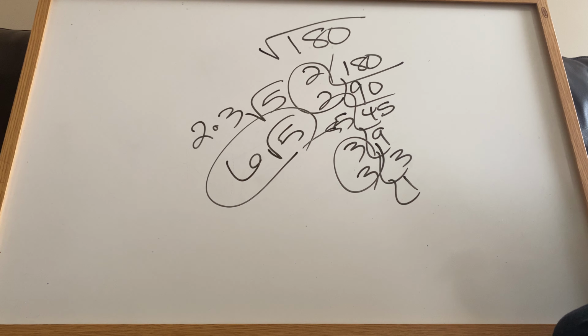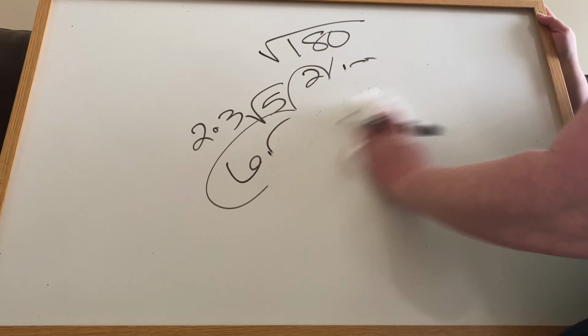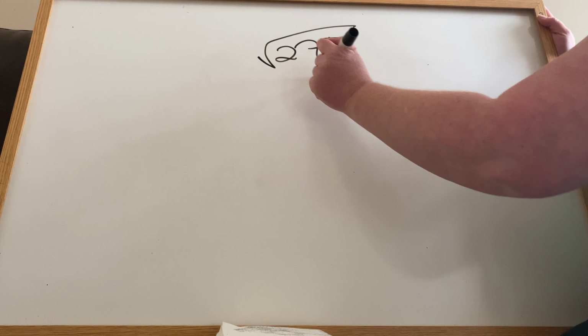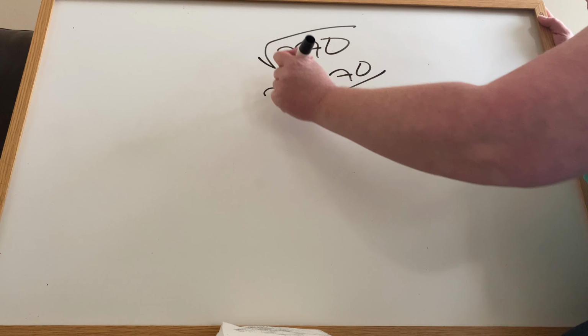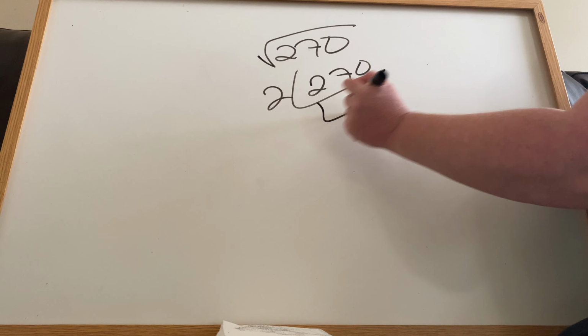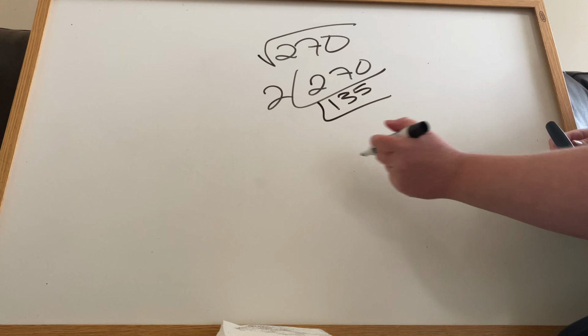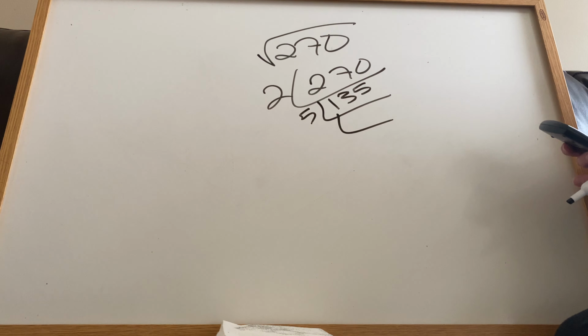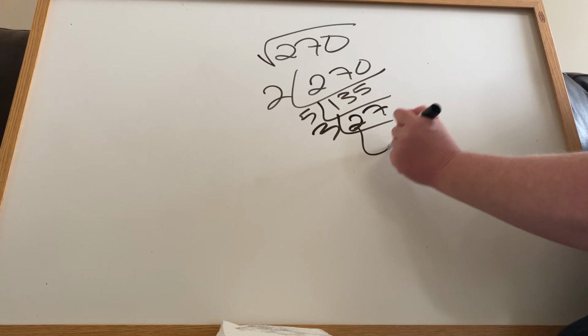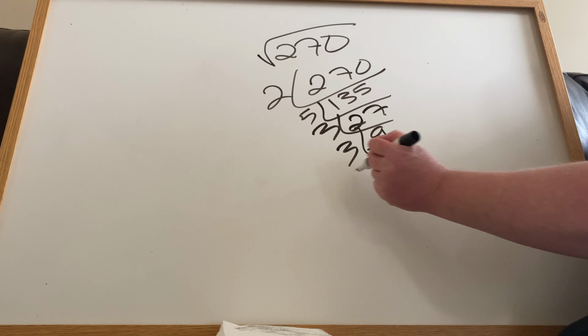All right, so last one is 270. So same deal, goes in the box. 2, you get 135. 5, since there's a 5 or a 0 at the end, you get 27. 3, 9, 3, 3, 3, 1.